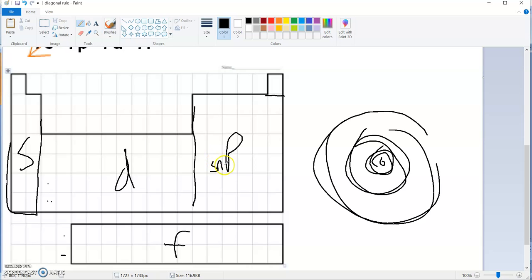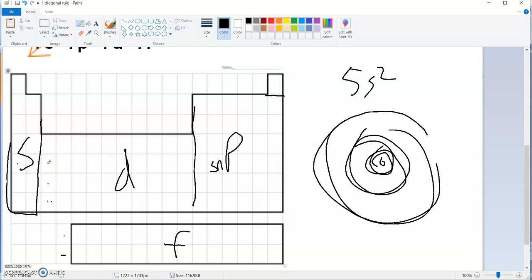So how you do this shorthand is you start with the beginning of the row it's in. It's right here is the beginning of the row. That is 1, 2, 3, 4, 5s. So we got 5s2. Then what? After 5s2, we go to this.